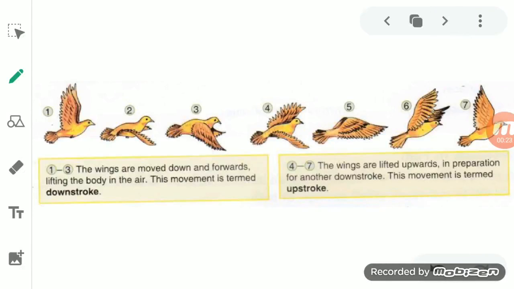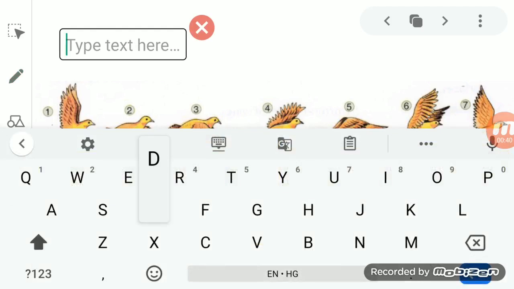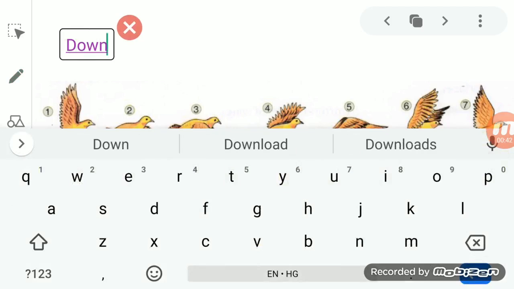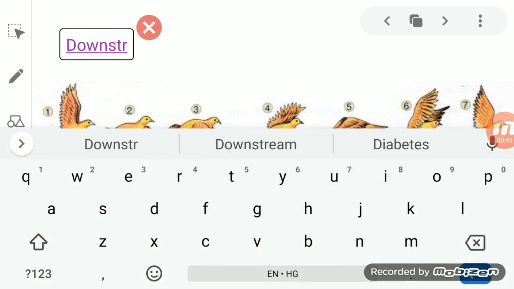So when a bird moves its wings, at first it moves them down. It is because of the muscles that the wings move down, and when the wings move down, we use a term, and that is downstroke.